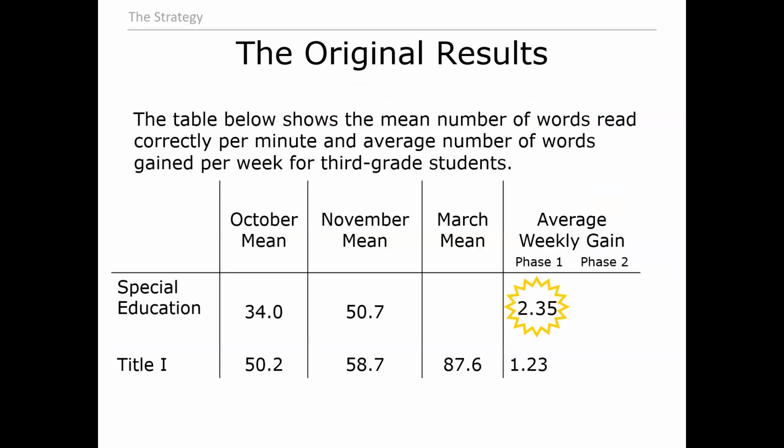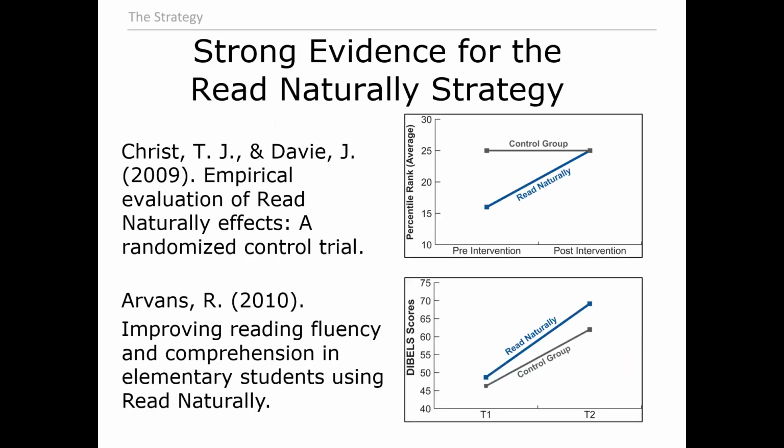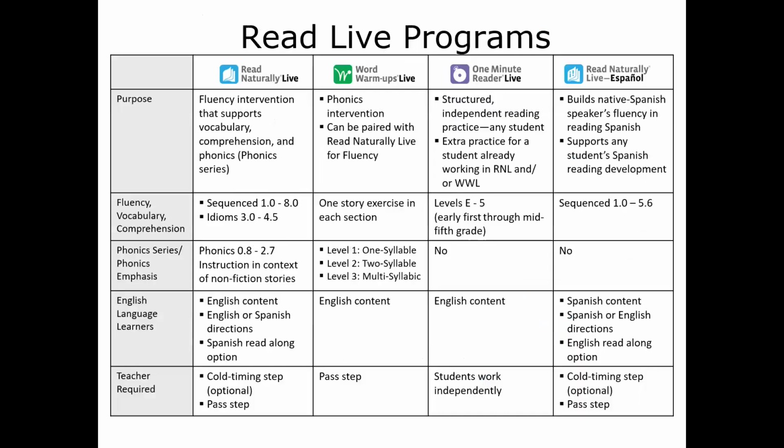And she started with her Title I students who had only been making 1.23 words of growth, and they moved up to 2.15. So almost double what they were doing without the intervention. So that's exciting. And then we have other studies, randomized control trials, and these results are on our website if you'd like to learn more about the research.